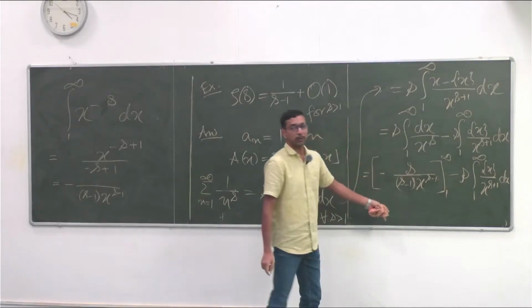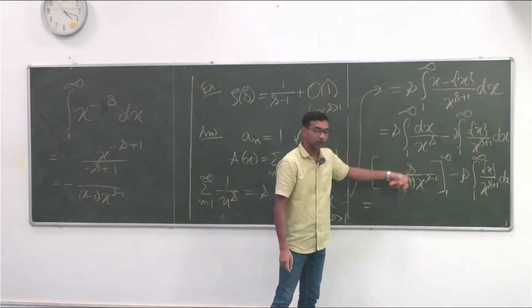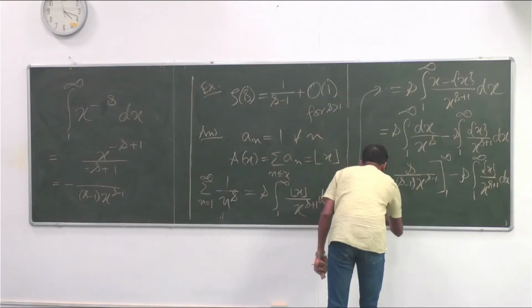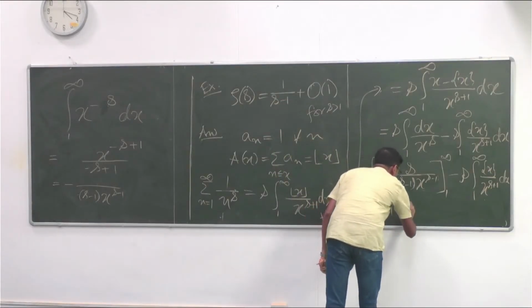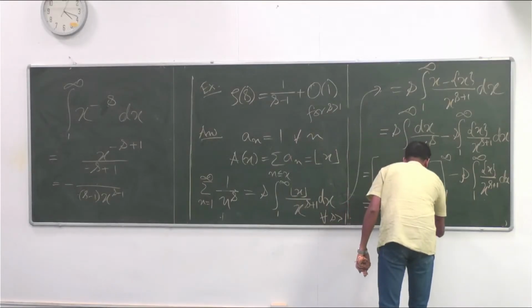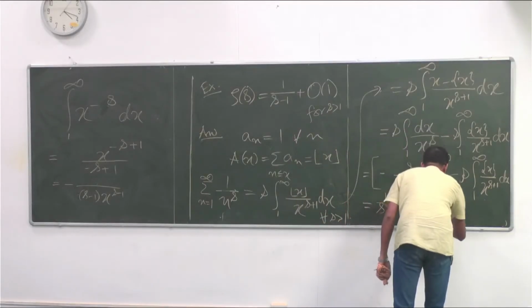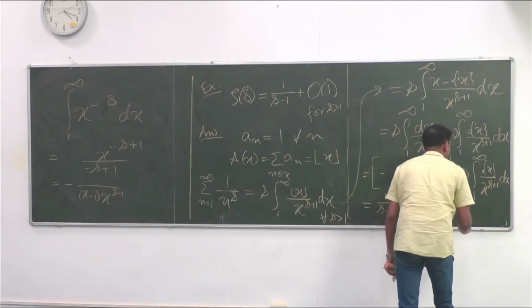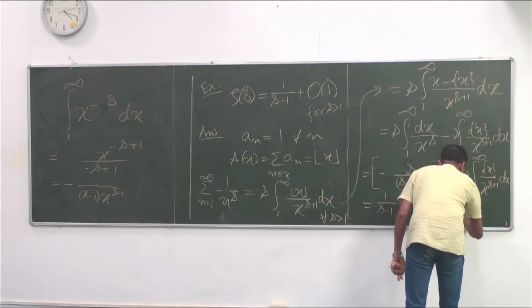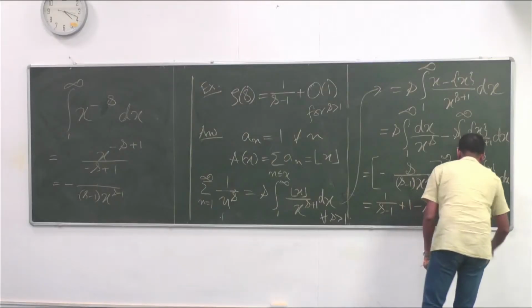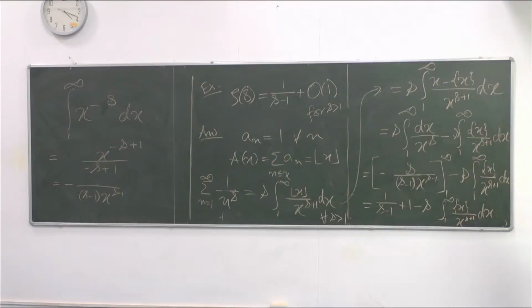Well, s by s minus 1 could be written as 1 plus s minus 1 by s minus 1. So this 1 by s minus 1 comes out, right? And you have plus 1. Okay, and then minus s times the integral from 1 to infinity of the fractional part of x by x power s plus 1 dx is there, right?